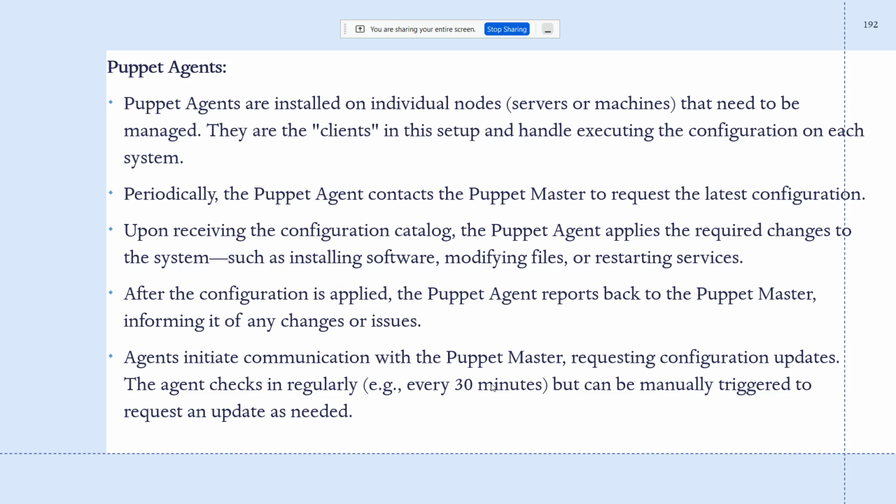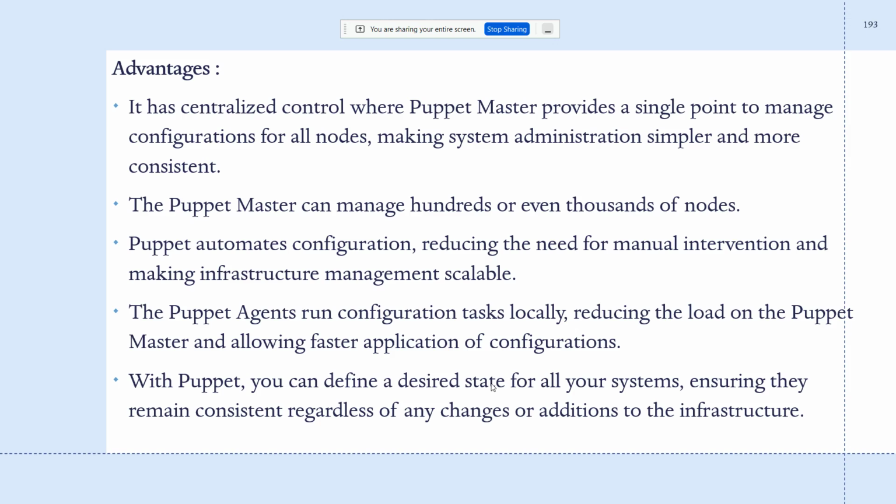Okay agent, you install this software, or you modify these files. The agent then performs those tasks as the master has sent, and reports back to the master. This is how they work.